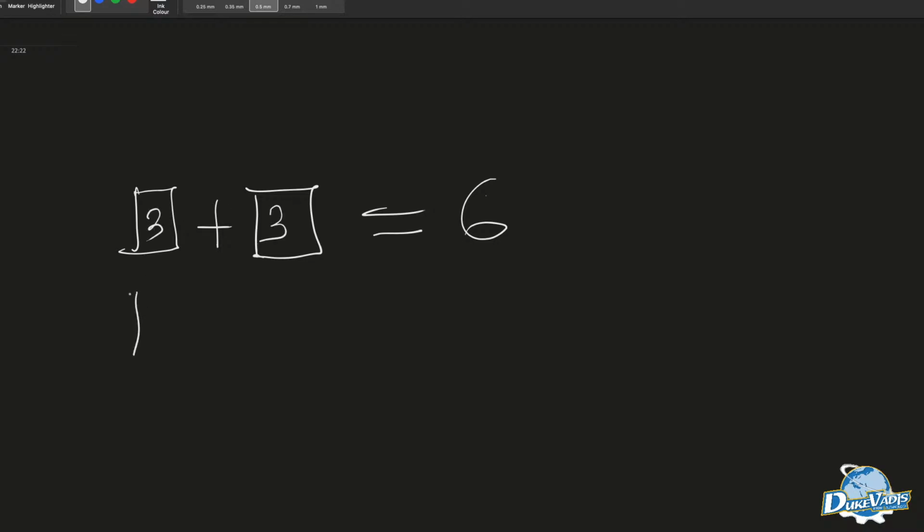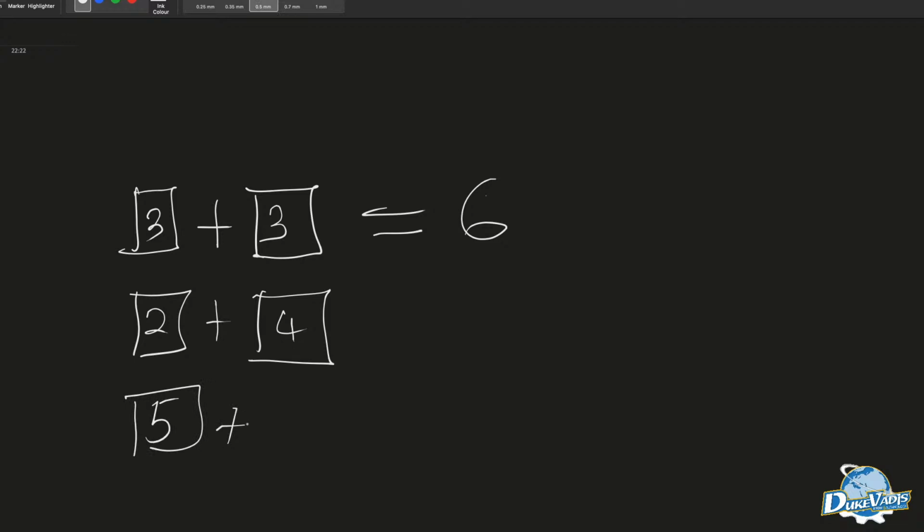Somebody will also say 2 plus 4, and somebody will say 5 plus 1. It's all 6 in all.